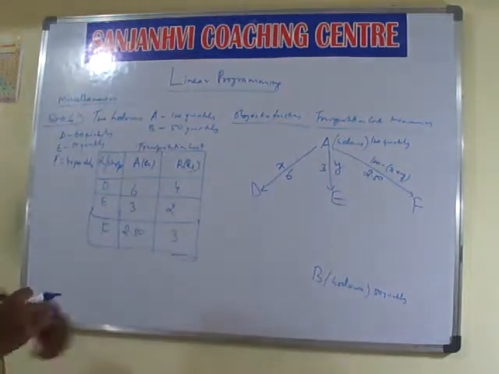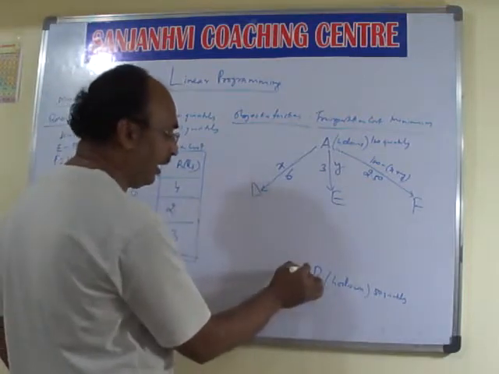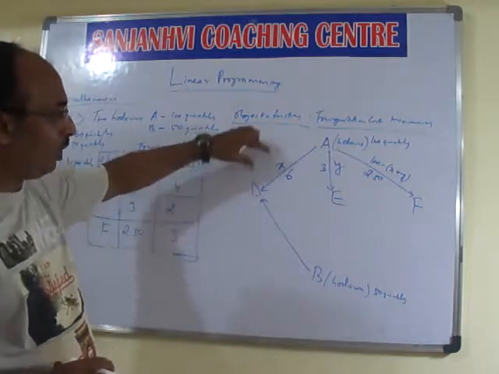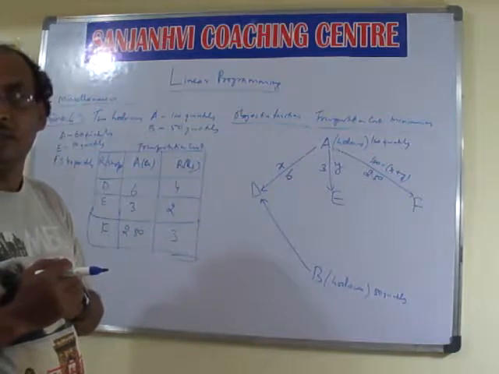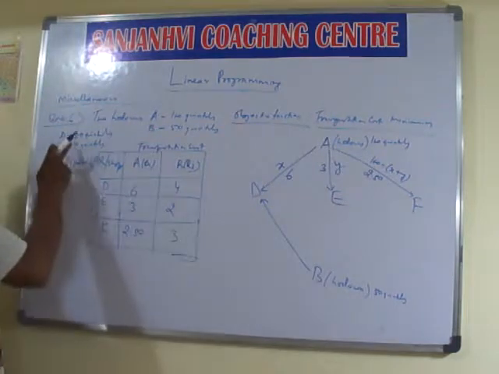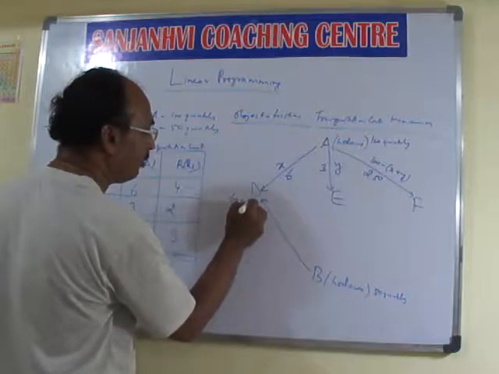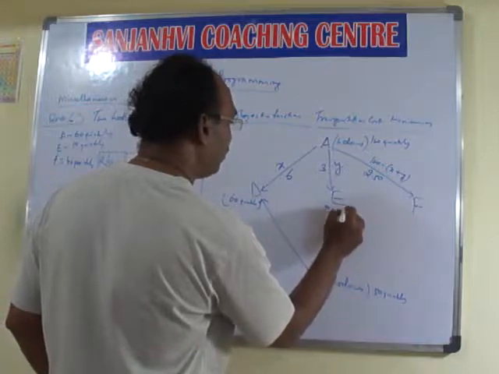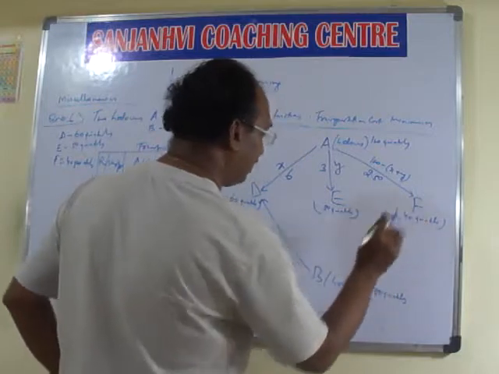Now the responsibility goes to B. How much will B supply? D has a requirement of 60 quintals, E 50 and F 40 quintals.